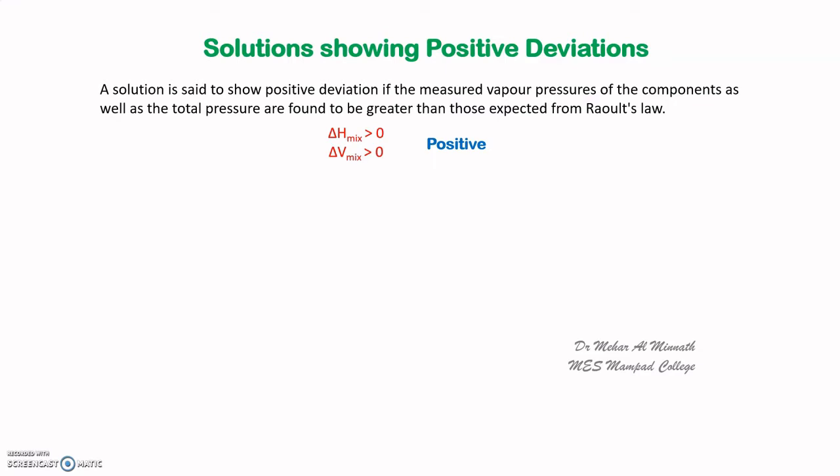If you mix 10 ml of A and 20 ml of B, if it is ideal, we should get 30 ml of the solution. But if it is a solution showing positive deviation, you will get a total volume more than 30 ml. That's it. So delta V mixing will be more than 0, or positive.